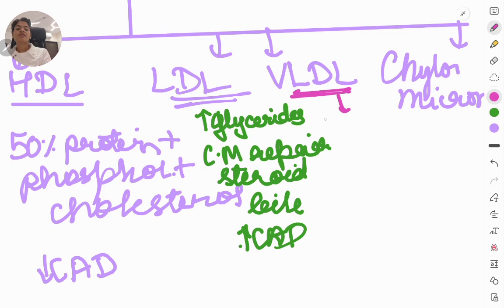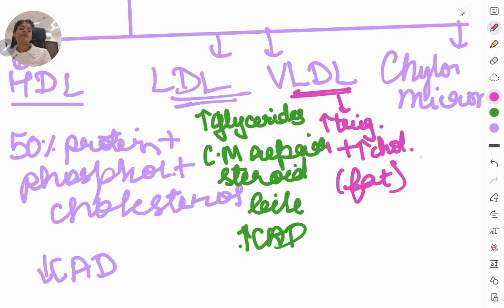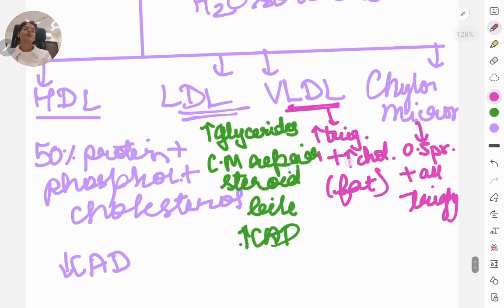Then comes VLDL. Now VLDL is also having high triglyceride, also high cholesterol, therefore fat. Then chylomicron is having only 0.5% protein, and the rest all is triglyceride. So this is how.